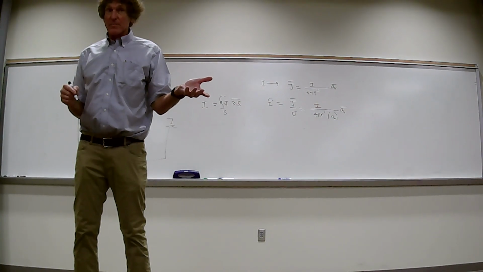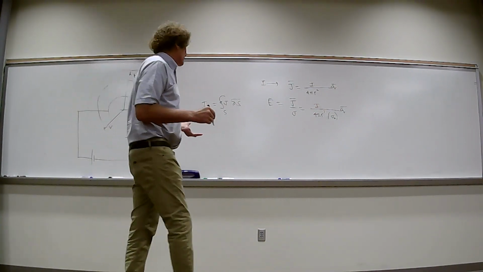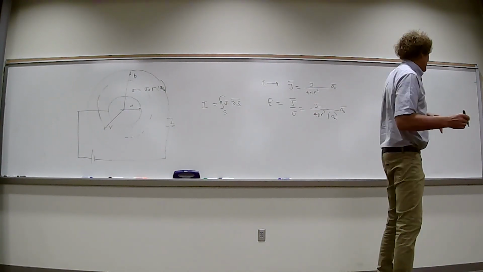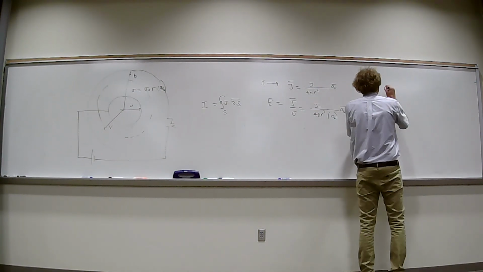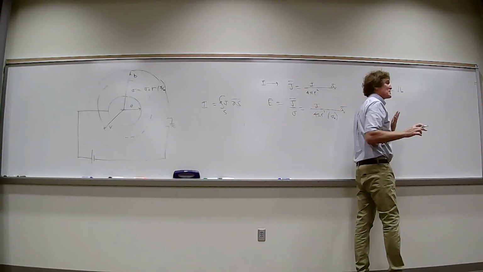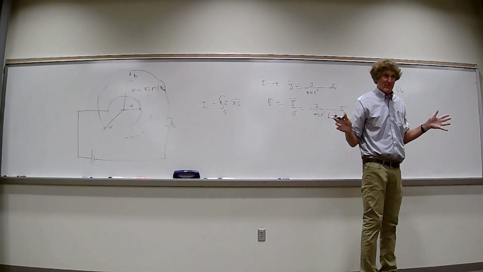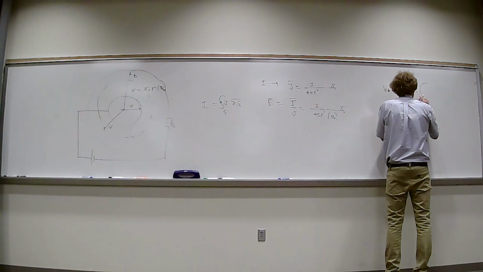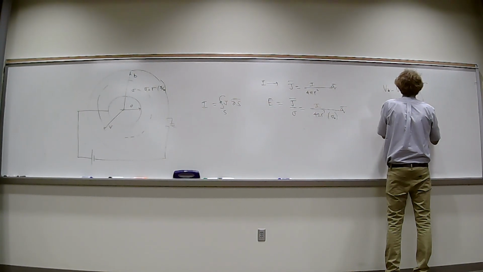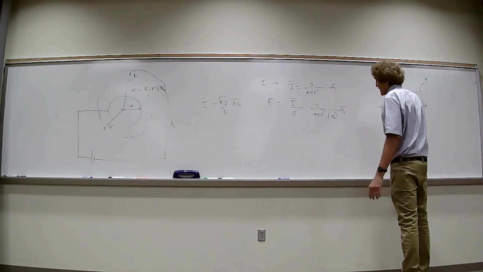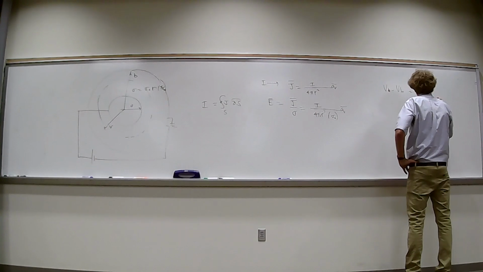Y'all follow? Now I need the voltage between the inner and outer conductor, right? So I can say that voltage, you might say V_A minus V_B, we know it's going to be strictly positive at the end. We're after resistance, is equal to minus the integral, and this is going to be from B to A of this whole thing.